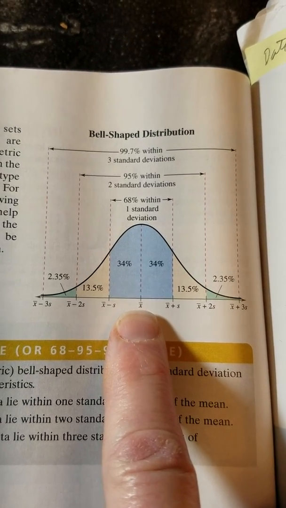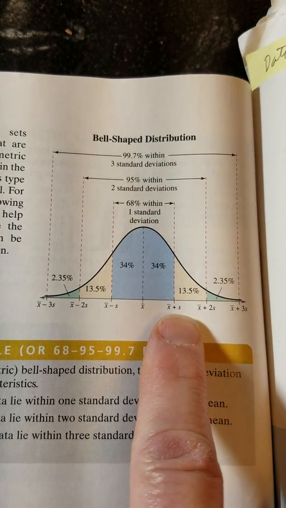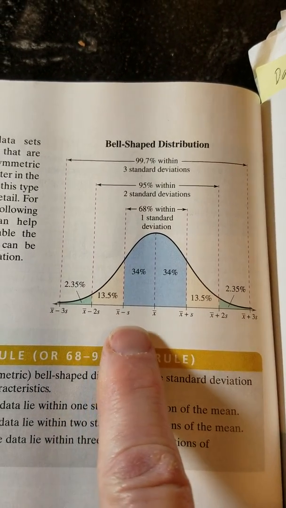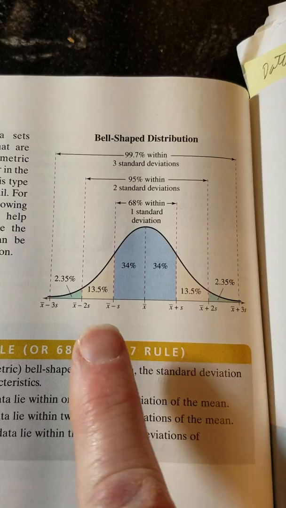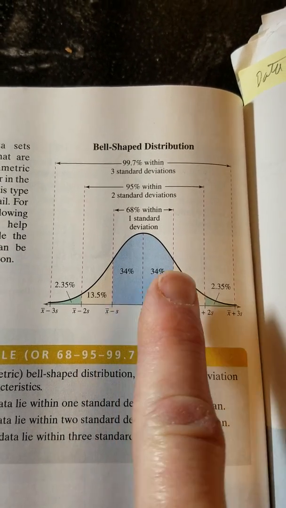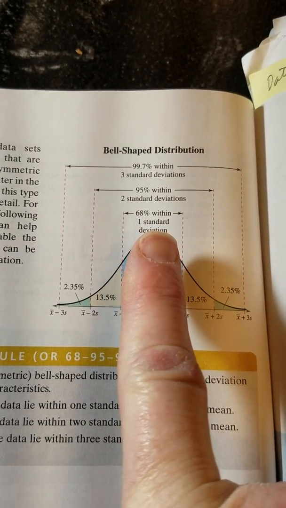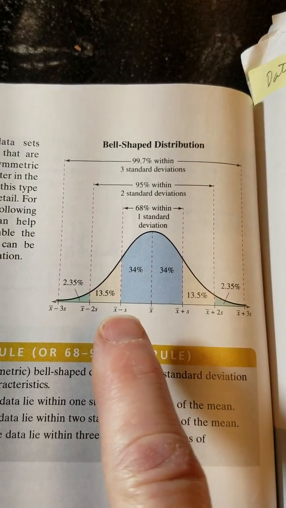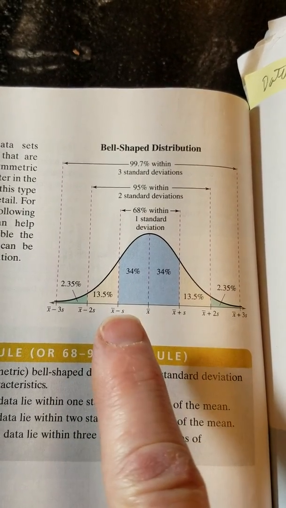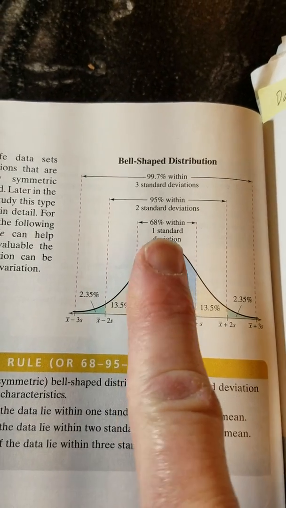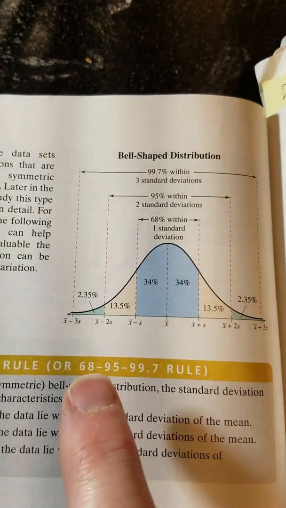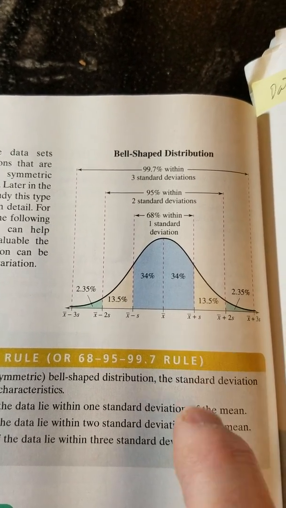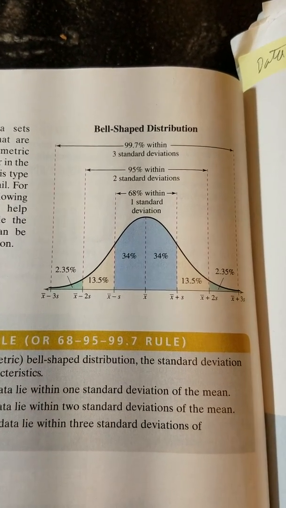And then what it's showing here is plus 1 standard deviation, plus 2, plus 3, minus 1, minus 2, minus 3. And you can see that it's saying 68% of the data, if something is normally distributed, will fall within plus or minus 1 standard deviation, 95% within plus or minus 2, and then 99.7% within plus or minus 3.